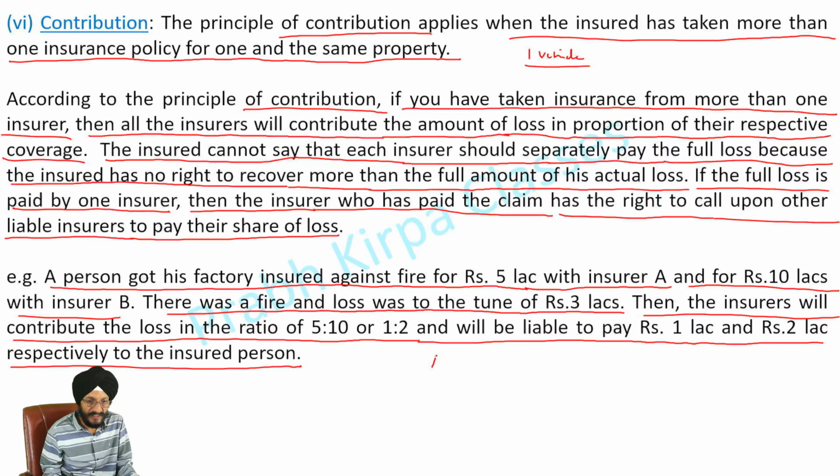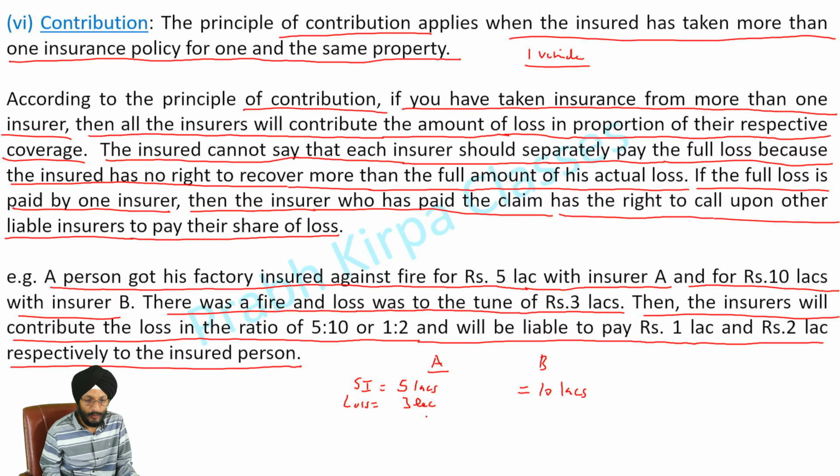That is, in the case of insurance company A, sum insured was 5 lakhs. In the case of B insurance company, the sum insured was 10 lakhs. Loss is total rupees 3 lakhs.